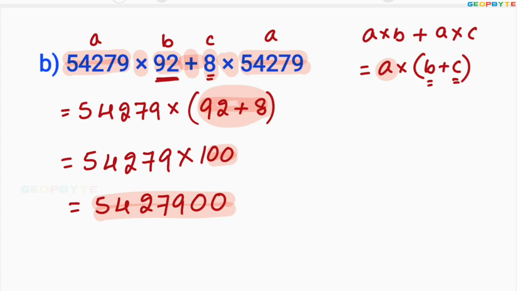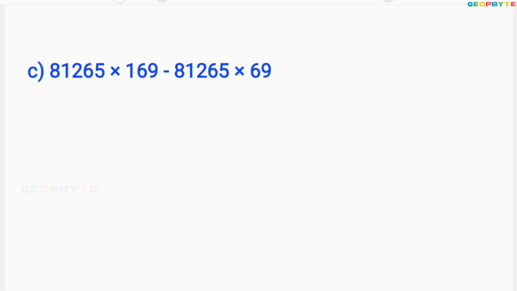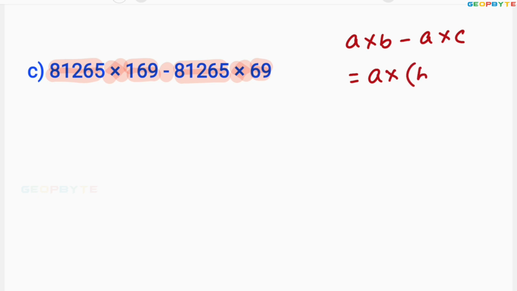Now let us move to the bit C. Look at the bit C: 81265 multiplied by 169 minus 81265 multiplied by 69. Now it is in the form of A into B minus A into C. It can be written as A into (B minus C).